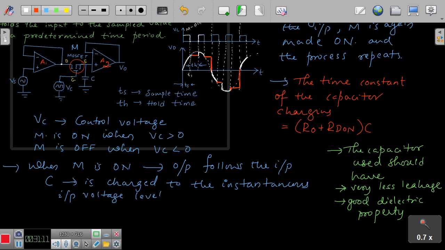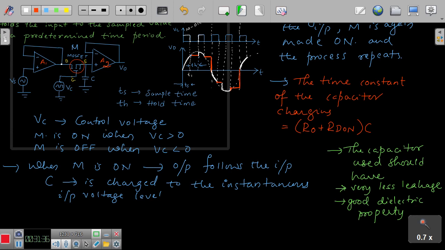And whatever the MOSFET we are going to have here, that should also have very low reverse leakage current. When the reverse leakage current is very low, then only it is possible for you to retain the charge across the capacitor. So these are some of the important conditions that are required to be satisfied as long as the sample and hold circuit is concerned, right?